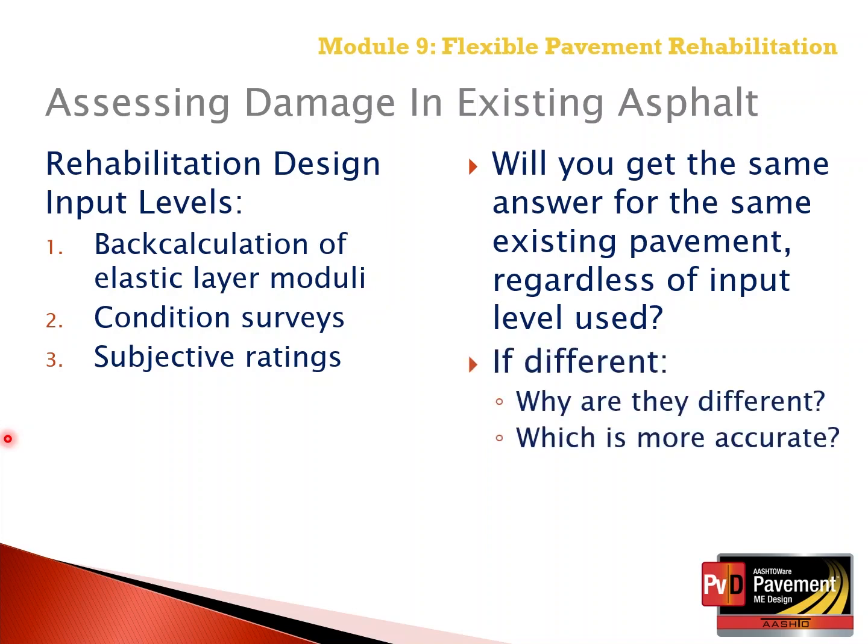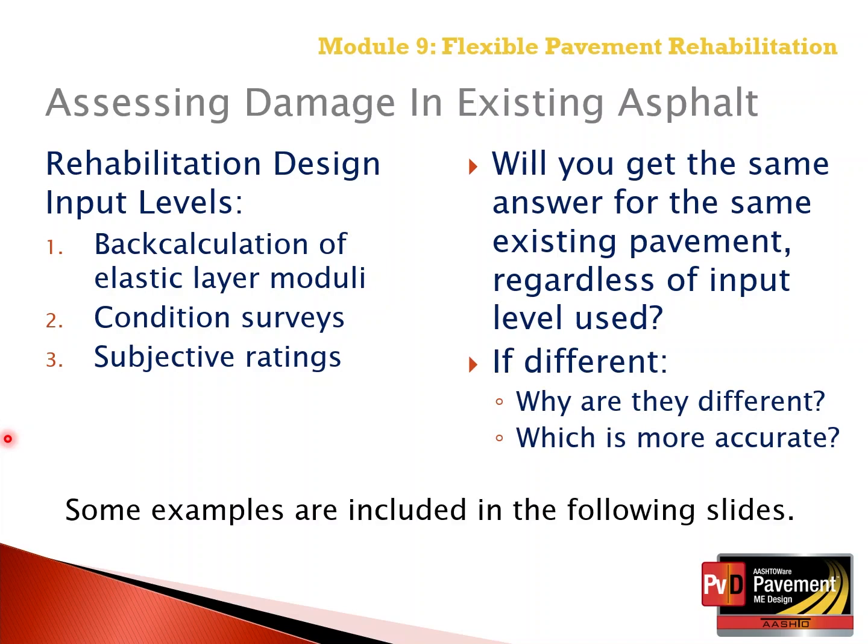And if they're different, why are they different? And which is more accurate? Some examples are included in the following slides in which we can get differences, and what may cause those differences. We do not specifically address which is more accurate in the following slides.